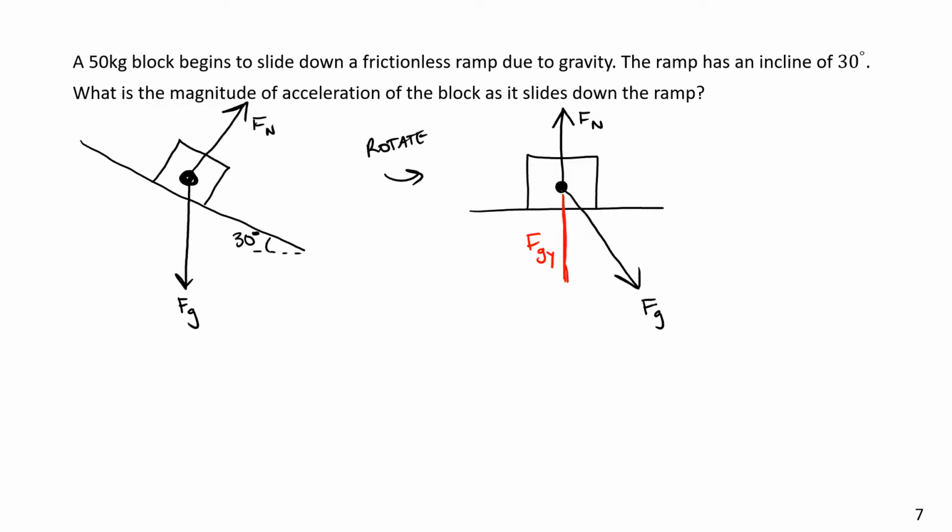And even though I'm rotating and that's not quite vertical, I'm still going to call that the vertical component, that's just how I'm labeling it for this problem. All right, and the horizontal.